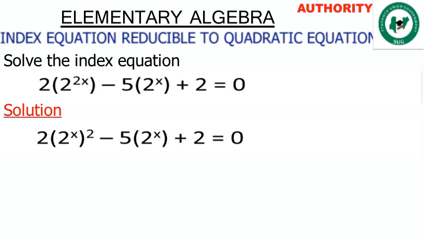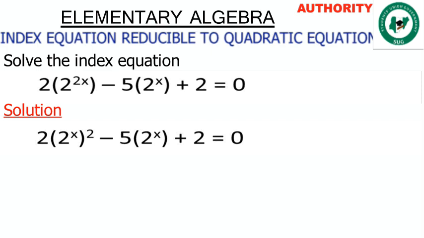We have 2 open bracket, 2 raised to power x, close the bracket, raised to power 2 now. Do you see it? Then minus 5 open bracket, 2 raised to power x, close it, plus 2 is equal to 0. Now pay attention here.